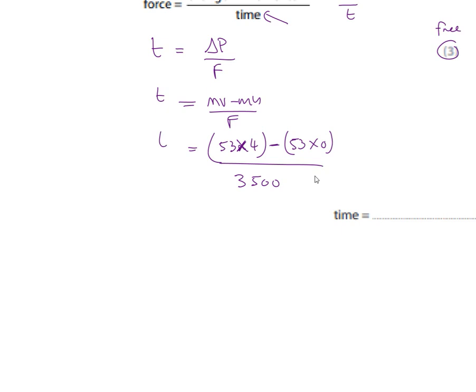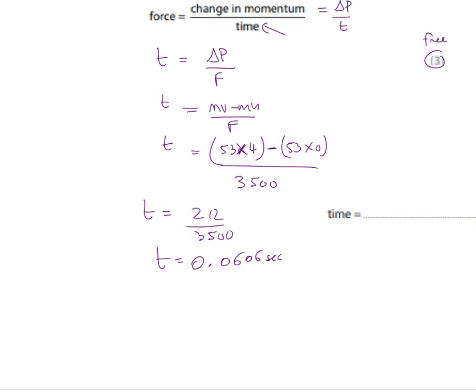Time. Now plug this in your calculator. So this will give me 212, and that's the answer. Look, I'm just typing this into my calculator there. So 212 divided by 3500, and this gives me 0.0656 second. Okay, and is this the answer?